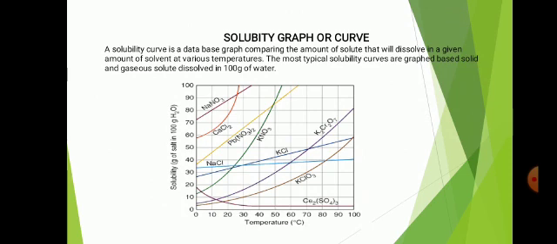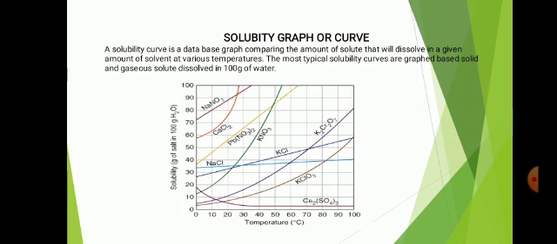That is to say, the solubility of sodium chloride does not change. At 0 degrees, the solubility of sodium chloride is a little above 30, and it remains that way till the end of the curve. That means the solubility of sodium chloride is constant with temperature.